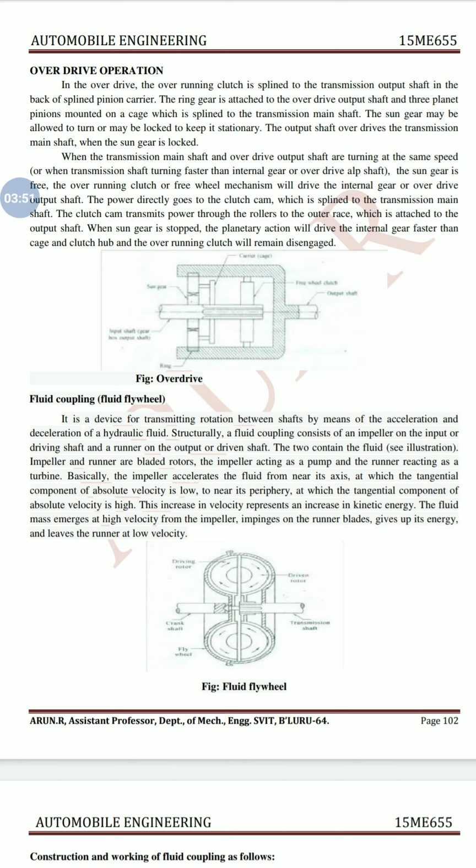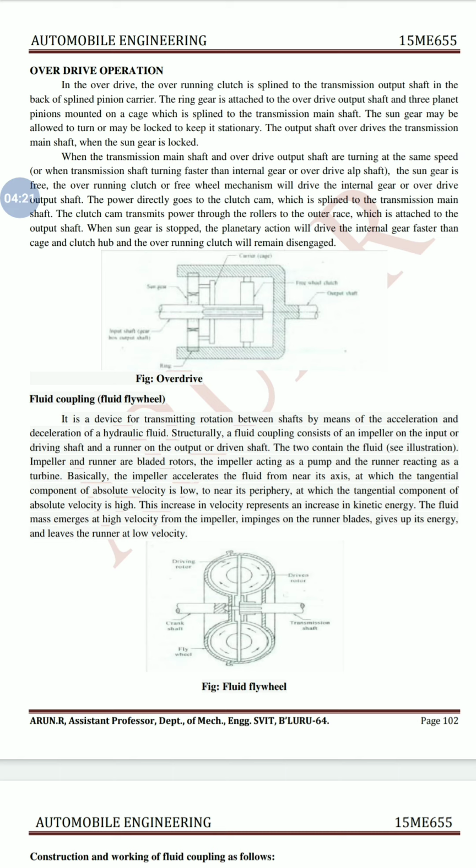Next we have the fluid flywheel coupling. In the figure below you can see a fluid flywheel coupling. It is also called fluid flywheel or fluid coupling. What does it mean? It is a device used to transmit rotational speed between shafts by means of the acceleration of a hydraulic fluid. It acts as a coupling.